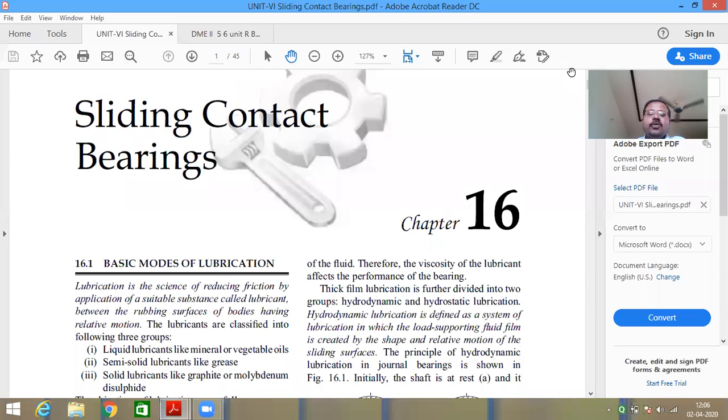Okay. In rolling contact bearings, the contact between the rolling elements was point contact, right? And those type of bearings were used for low amount of radial and axial loads. But if the amount of the load acting on the bearings increases, we cannot use rolling contact bearings there, right?